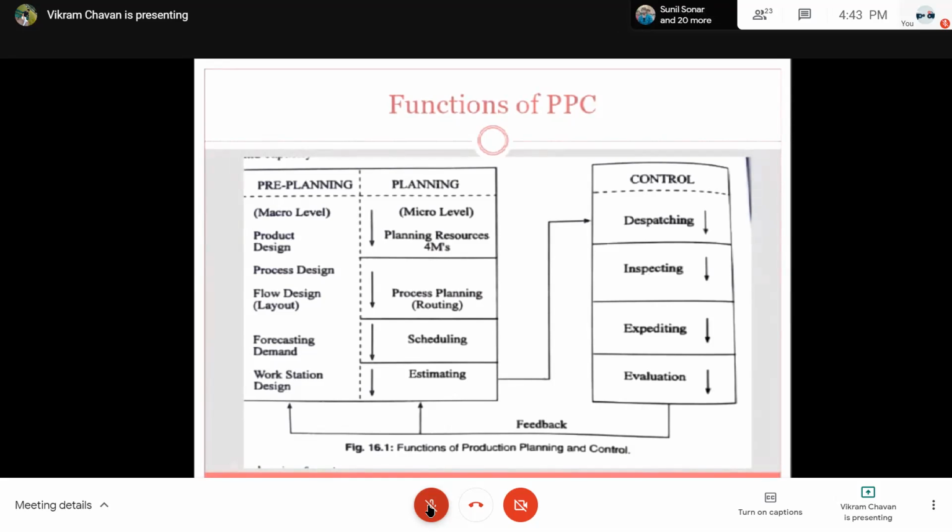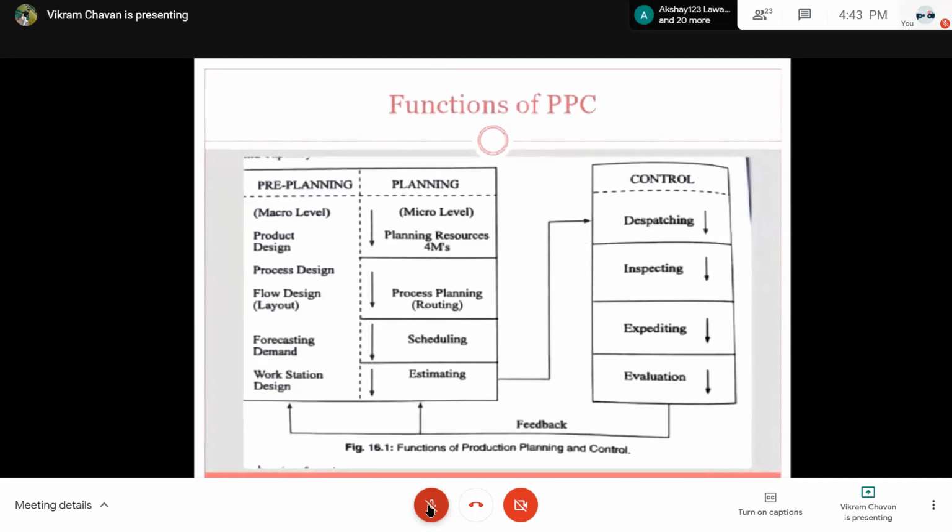This pre-planning stage is also concerned about process design. So what does process design mean? If a new product is launched in the company, then for that product, any new machinery or new process required to produce that component, or any machine we have to replace so that we can adopt the new technology, will also come under the pre-plan.